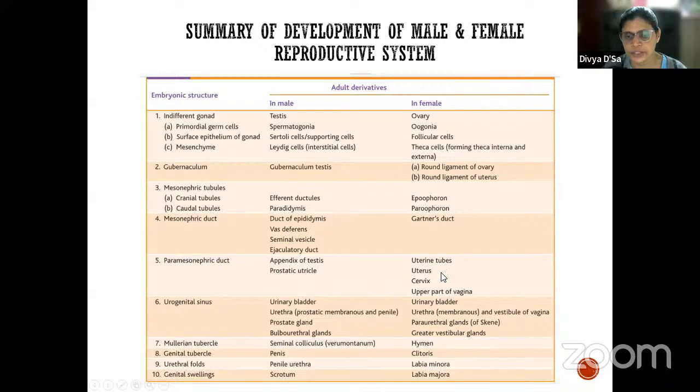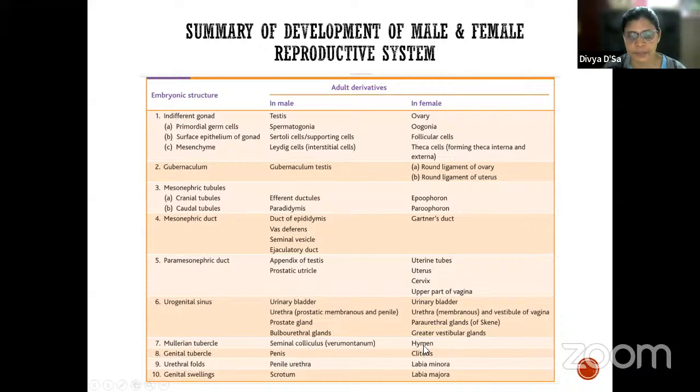Here it forms the uterine tubes, uterus, cervix, and upper part of the vagina. Urogenital sinus in males forms the urinary bladder, prostatic, membranous and penile parts of the urethra, prostate gland, and bulbourethral glands. Here it forms the urinary bladder, only the membranous part of the urethra, vestibule of the vagina, paraurethral glands and greater vestibular glands. Mullerian tubercle forms the seminal colliculus.